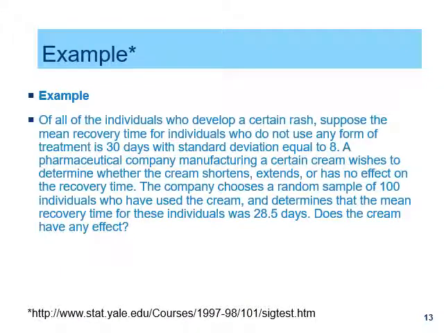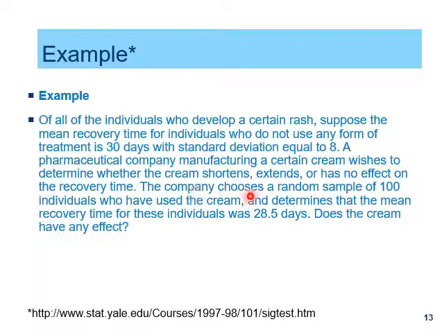So here is the example. Of all of the individuals who develop a certain rash, suppose the mean recovery time for individuals who do not use any form of treatment is 30 days, with standard deviation equal to 8. A pharmaceutical company manufacturing a certain cream wishes to determine whether the cream shortens, extends, or has no effect on the recovery time.